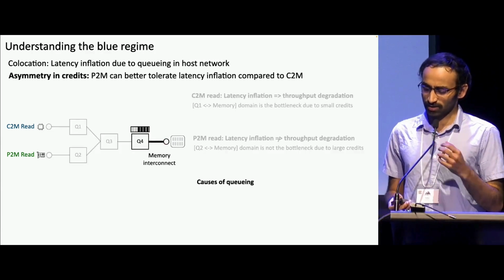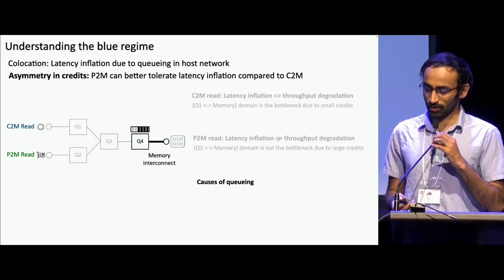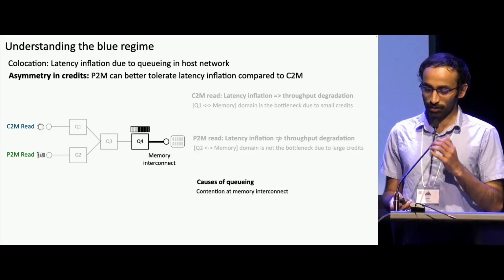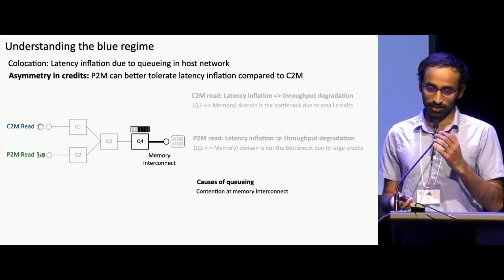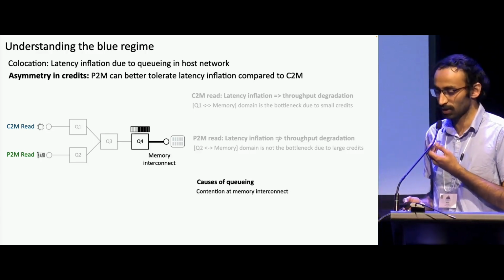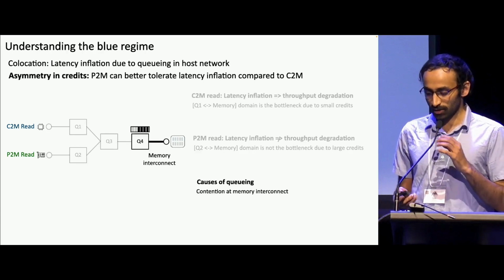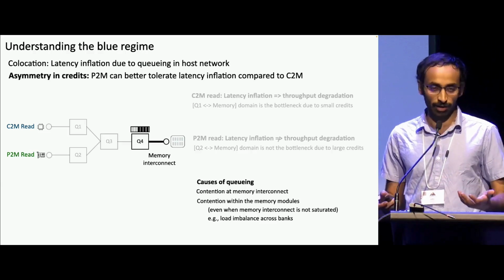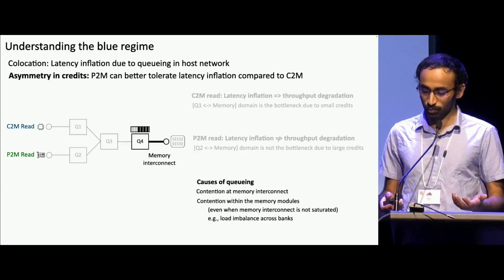Now, let me briefly discuss the causes of this queuing. There are two causes. The first is that your memory interconnect itself could be contended. This typically happens when your memory bandwidth is saturated, resulting in queuing of requests. But more interestingly, even when your memory bandwidth is far from saturated, you can have contention within memory modules, which can cause queuing.